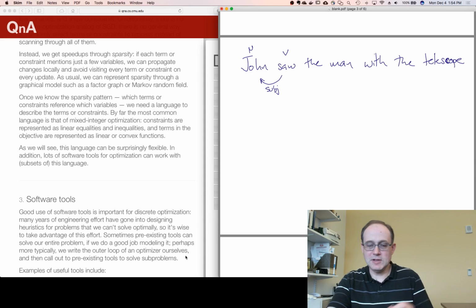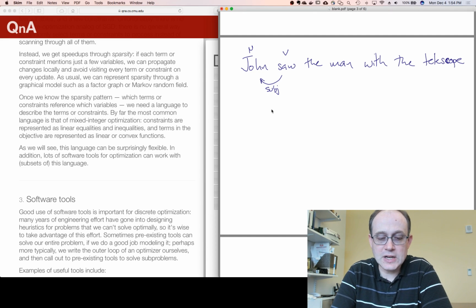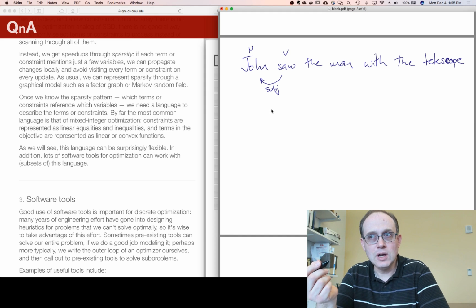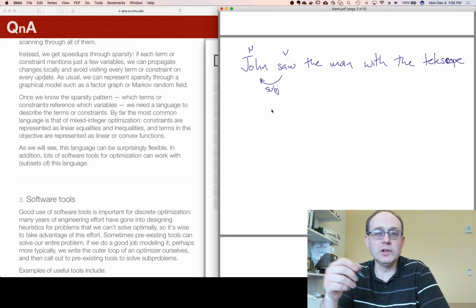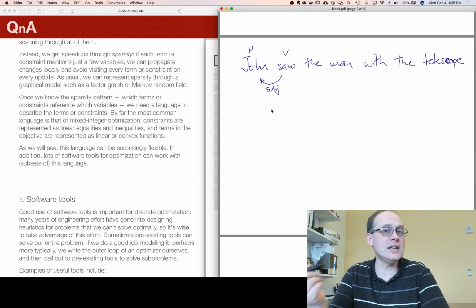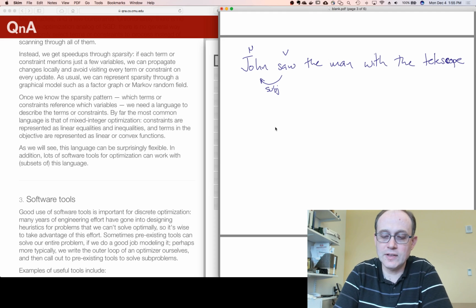Actually, maybe let's describe that now. In mixed integer optimization, the idea is that you represent all of your variables as either integers or real numbers, and you have linear equality and inequality constraints that connect them.